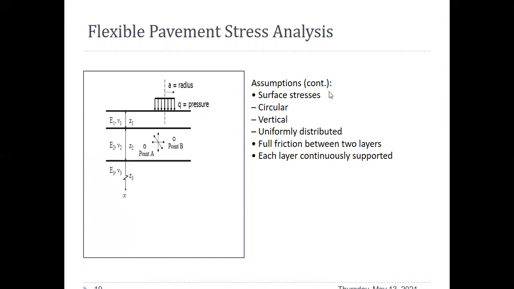So when we calculate the stresses, we calculate the surface stresses because of the circular load, vertical stresses, uniformly distributed. We assume that full friction exists between two layers, and each layer is continuous.